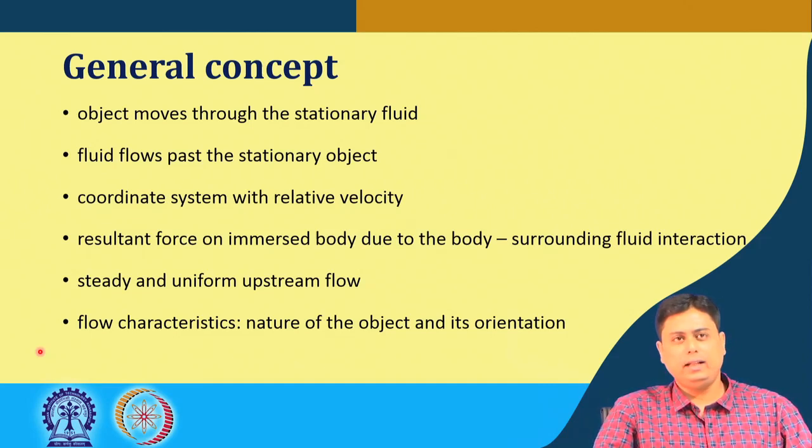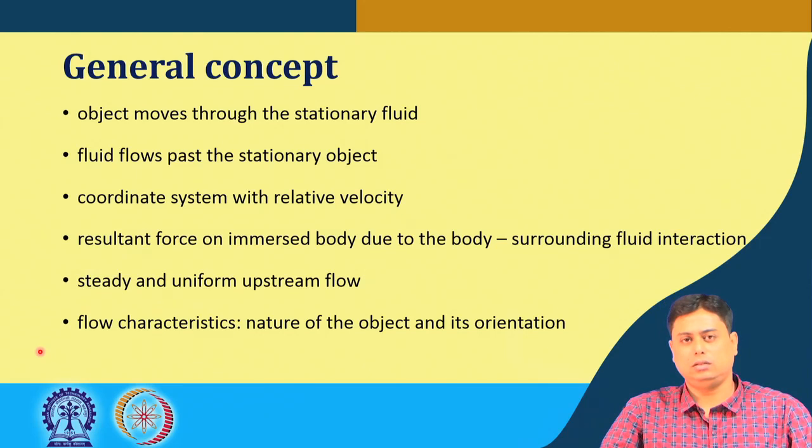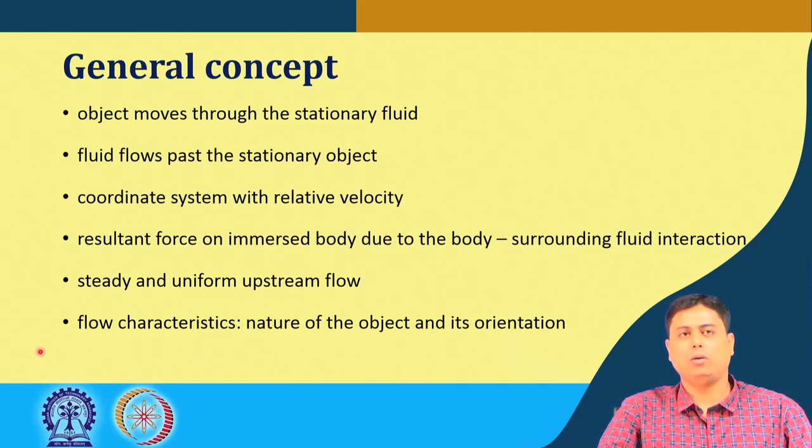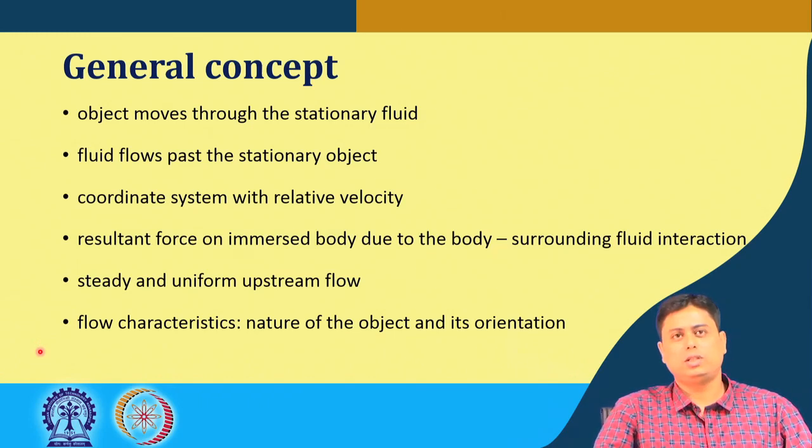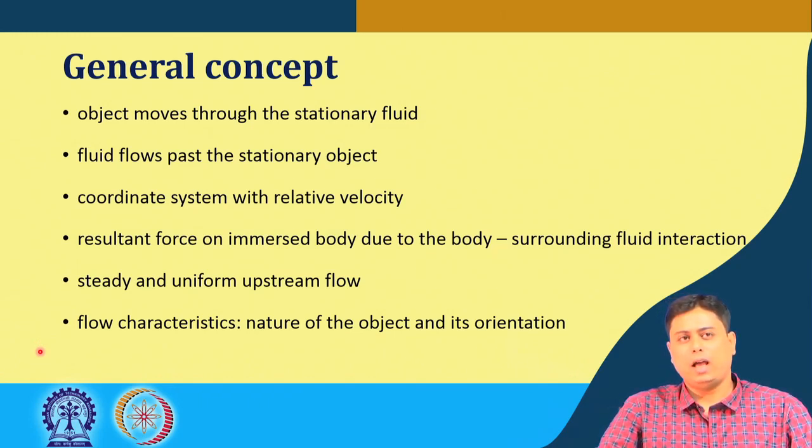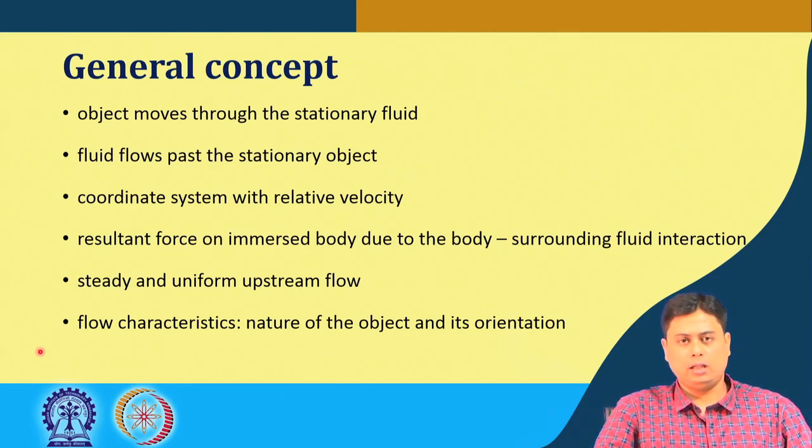So, the point is that when there is a flow around an object, there can be two scenarios. The object moves through the stationary fluid, or the fluid flows past the stationary object. In both scenarios we can fix a particular coordinate system with a relative velocity, where eventually the system becomes one in which there is an object around which flow is happening.